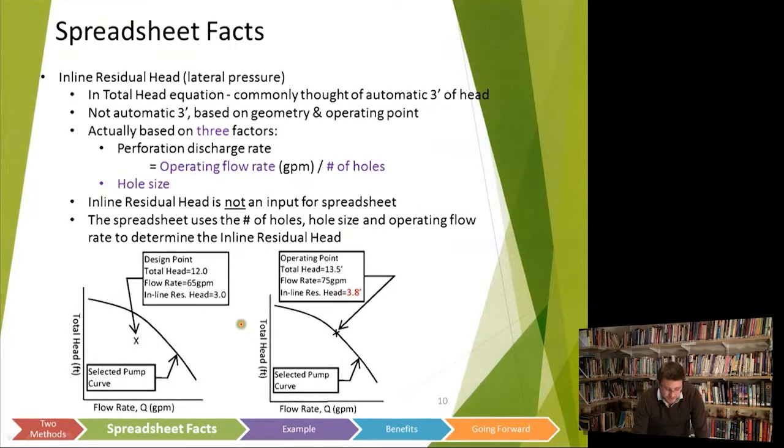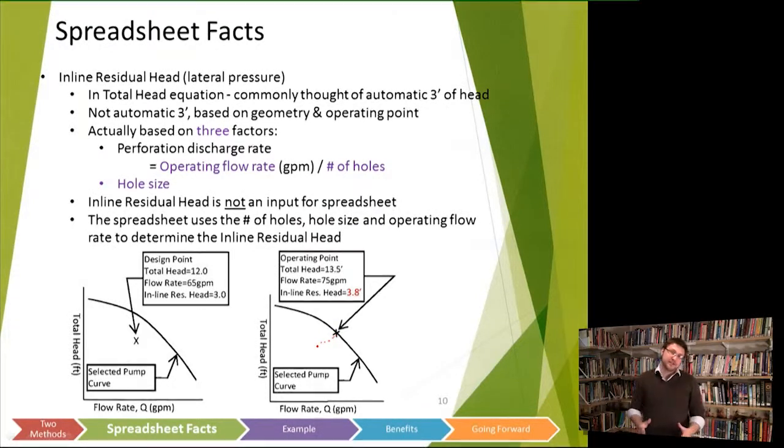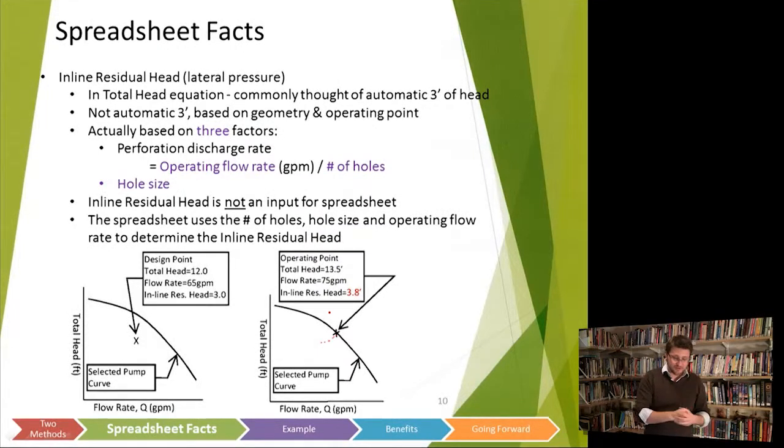But when you actually go up to calculate the system curve and find the operating point, you find that your flow rate is different than what you thought it was with the design point method. In this fictitious example, it's actually 10 gallons per minute greater, which resulted in an inline residual head of 3.8 feet as opposed to 3 foot of head.